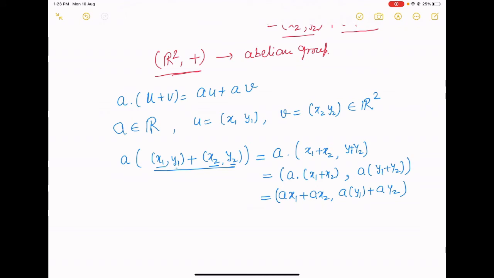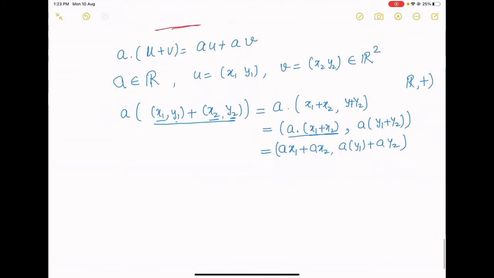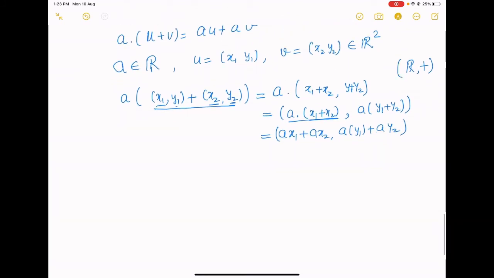Here I am using the distributing property of the space R, because R with plus and dot is itself a vector space. So (ax1 plus ax2, ay1 plus ay2) is equal to (ax1, ay1) plus (ax2, ay2).